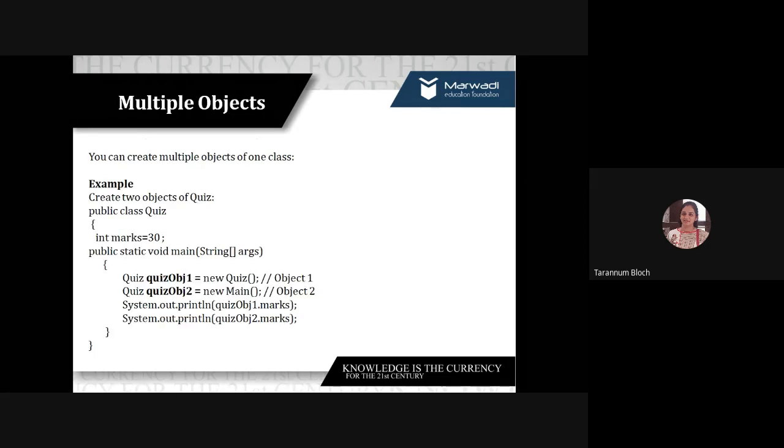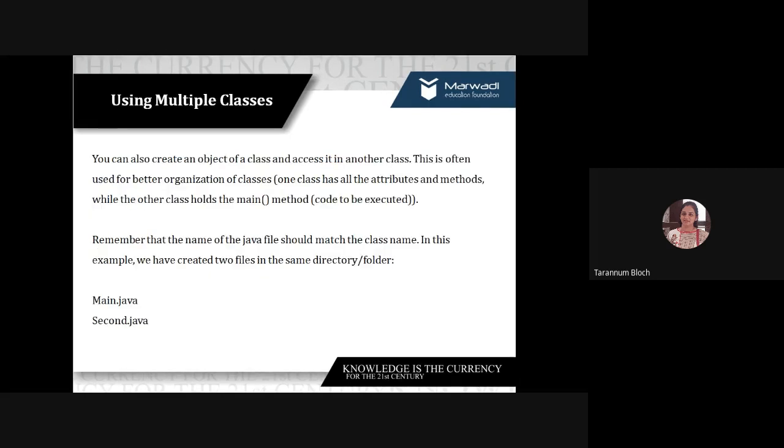And we said that a single class can have multiple objects. I showed you the example of class Quiz where we have two objects created for the class Quiz. So quizObject1 and quizObject2 were created from the class. We wrote quizObject1 = new Quiz, and quizObject2 = new Quiz. And we said you can create a class and access it in another class also.